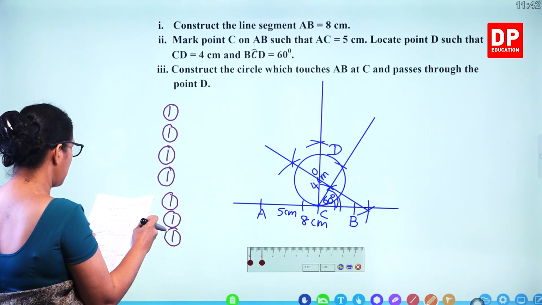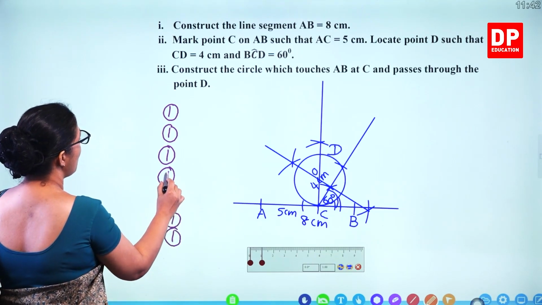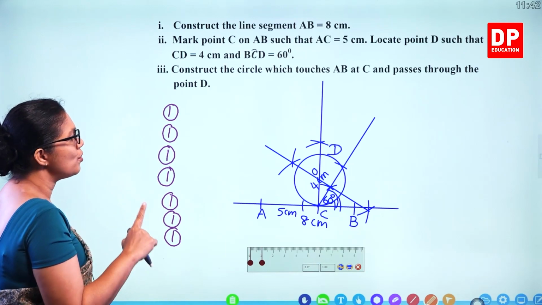So you get how many marks? 1, 2, 3, 4, 5, 6, 7 marks up to this point.